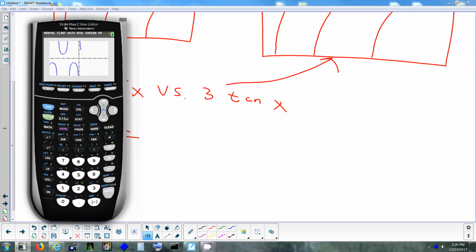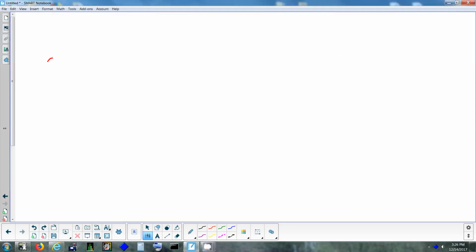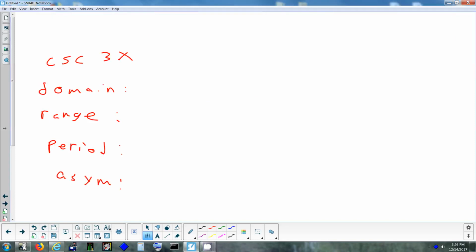Let's do cosecant. For that, let's find the domain, range, period, and asymptotes. Let's start with what we know how to do, and then if we need to look up some stuff from the notes today, we can go back and look at it.